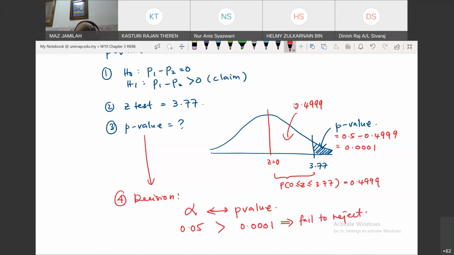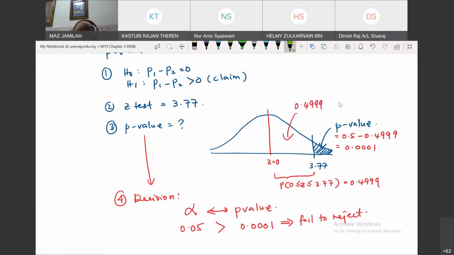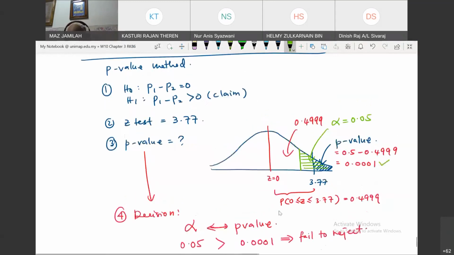Why? If you can imagine, where is our alpha? Our alpha is actually greater in terms of the probability value. So for example, this is your alpha, 0.05, which is obviously larger than your p-value. So your p-value is inside your rejection region. So do we reject, right?